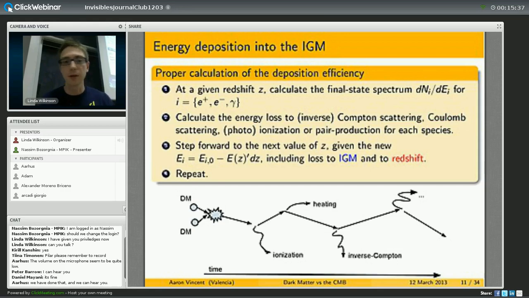So Compton scattering, Coulomb scattering, ionization, pair production for each of these species. Then you compute the amount of energy you lose to all of this and the amount of energy you lose to redshift. Step forward to the next bin in redshift in your numerical calculation, and then repeat. And so you need to do this for each redshift of injection and each redshift of absorption.